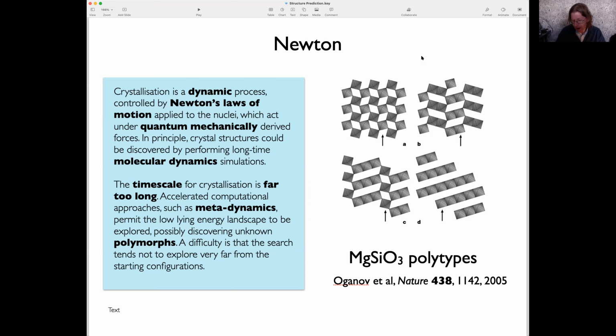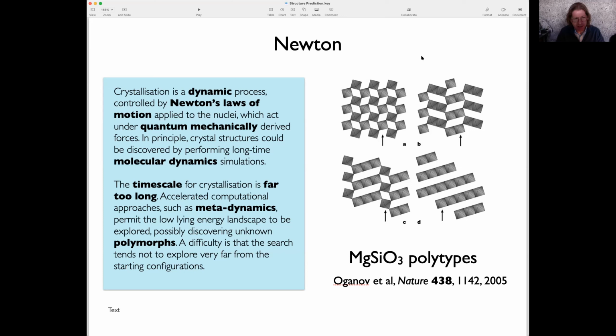Along those lines, in principle, because we know the laws of physics that describe atoms in the Earth, we could actually simulate that process. We could put the same types of atoms in, do a molecular dynamics simulation, and just wait for the structures to crystallize. But there are problems with that, not least that the timescales of crystallization are very, very long.